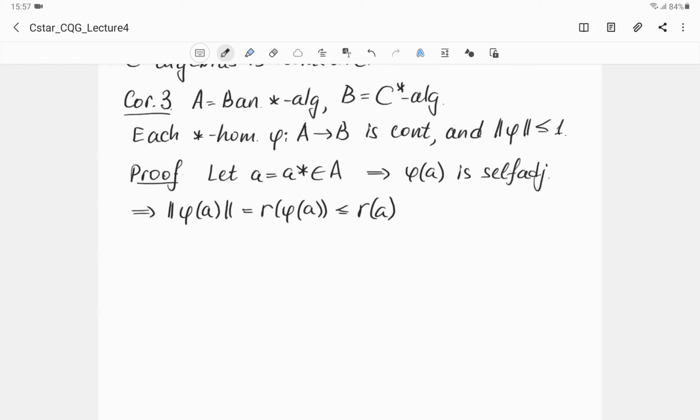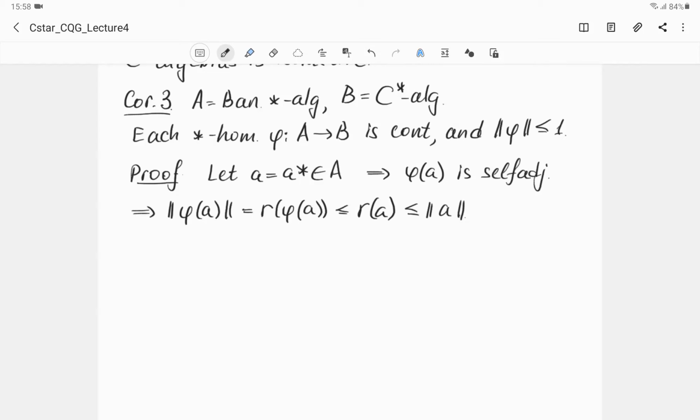So the spectrum of phi of A will be contained in the spectrum of A, and so the spectral radius satisfies this inequality. But the spectral radius of A is less than or equal to the norm of A. And so we see that the norm of phi of A is less than or equal to the norm of A.